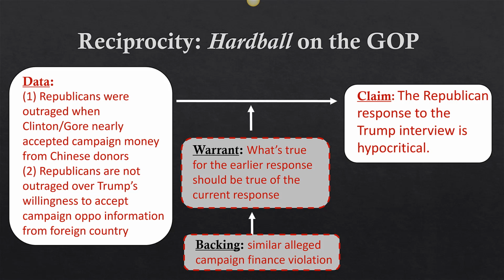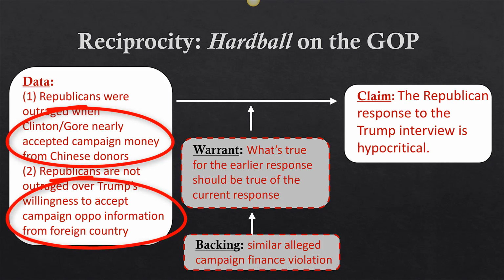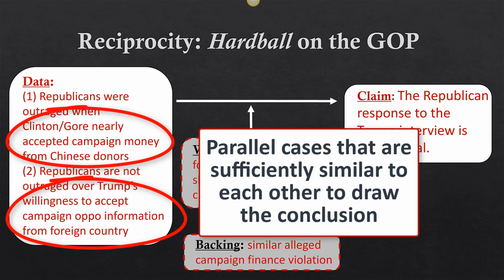To wrap up these two examples of reciprocity argument, it's important to reinforce that what makes this example from the Hardball episode more logically reasonable from a parallel case standpoint is not, of course, that a Democrat is making the argument as opposed to a Republican making the argument. That's ridiculous. What makes this argument more logically sound is that the two things being compared, the Clinton-Gore acceptance of campaign money from Chinese donors, and the hypothetical willingness of President Trump to accept valuable information from a foreign government about a political opponent, are sufficiently similar to make a comparison.